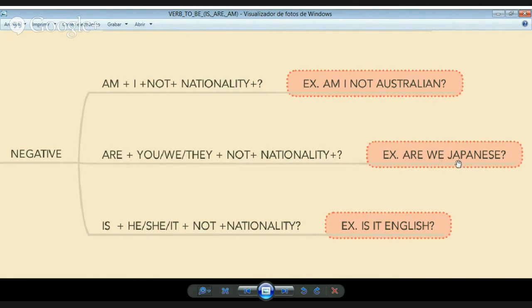Acuérdense que en este caso estamos solo trabajando con nacionalidades. In the other case that you have is plus the subject plus the article not. Example, is it English? Is he Salvadorian? Is he English? Is he American? So you are using the nationality with the yes no question.